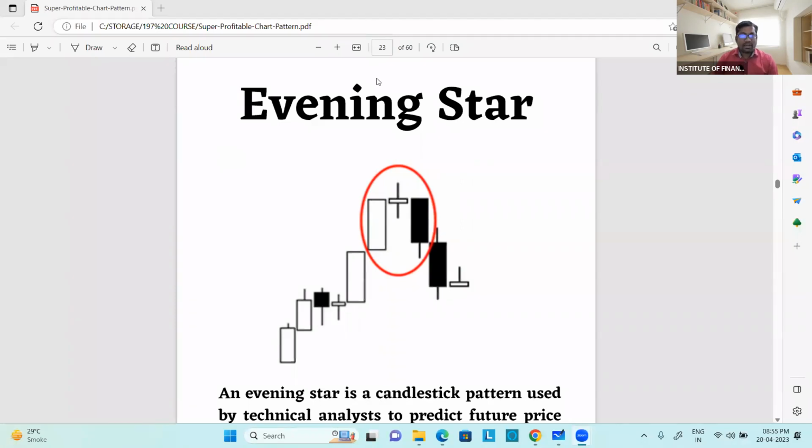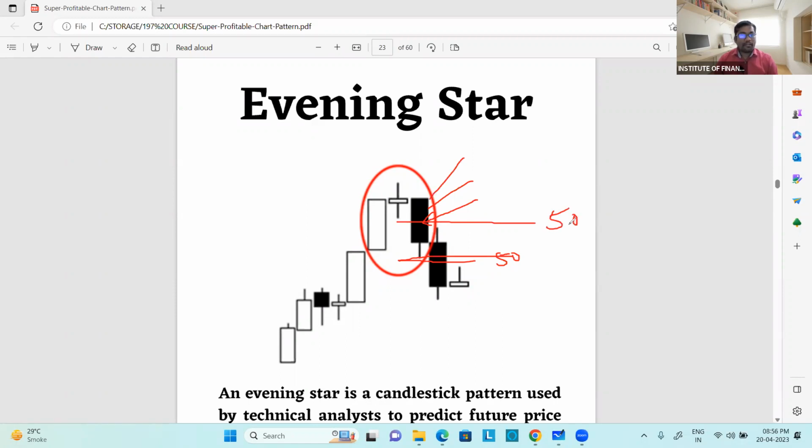Yes, this is what I am explaining, Stefan. From 2-3 minutes, this is the closing, right? You need to take a short trade below the low of this. If this candle is very big, you need to take 50% positions here. You can add one more 50% position at the half of this candle.